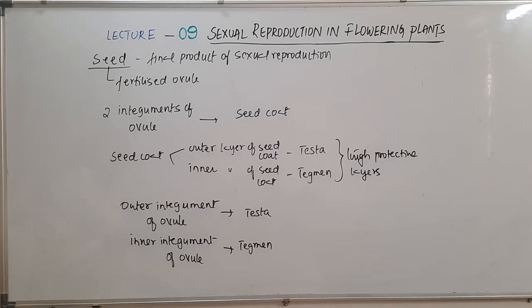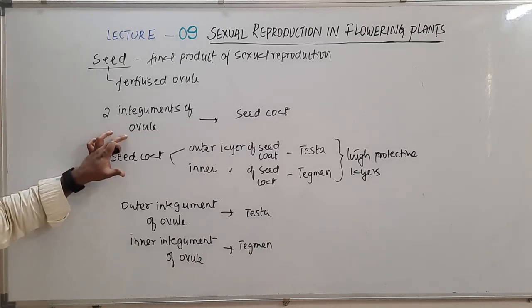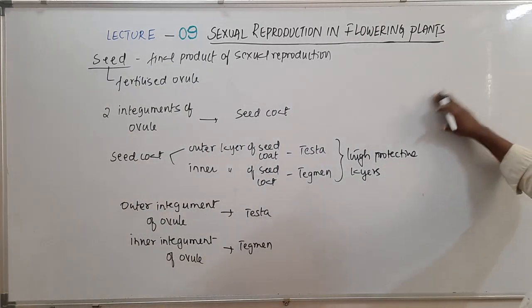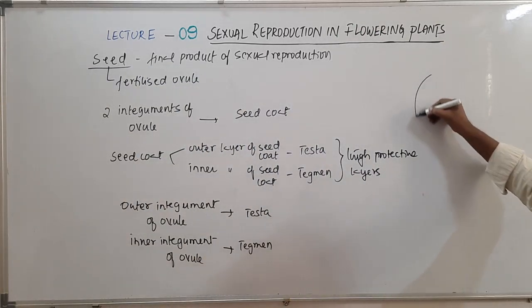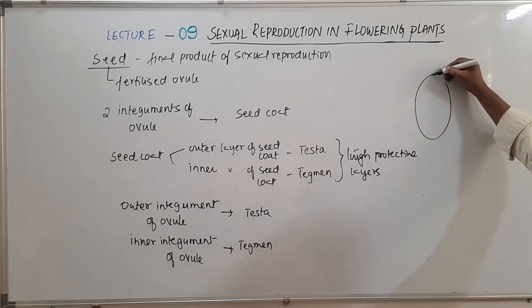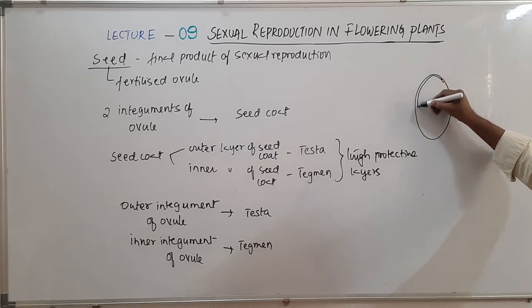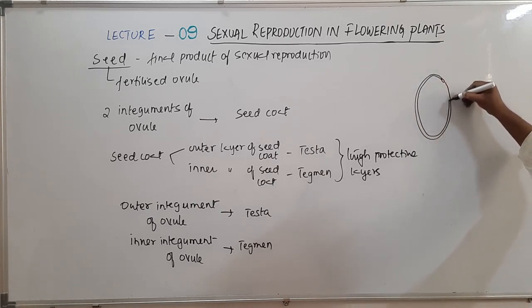And now let's see, of course the ovule has a micropyle. The micropyle will remain, so it is not going to close. So you will be seeing a small opening on one side. Here I'm just drawing it.